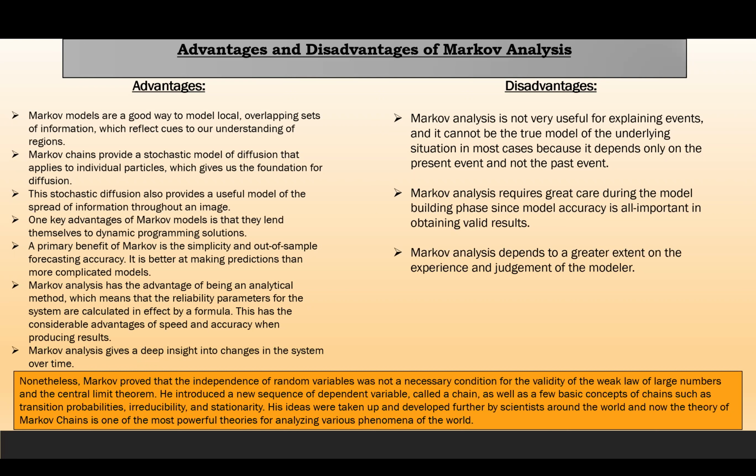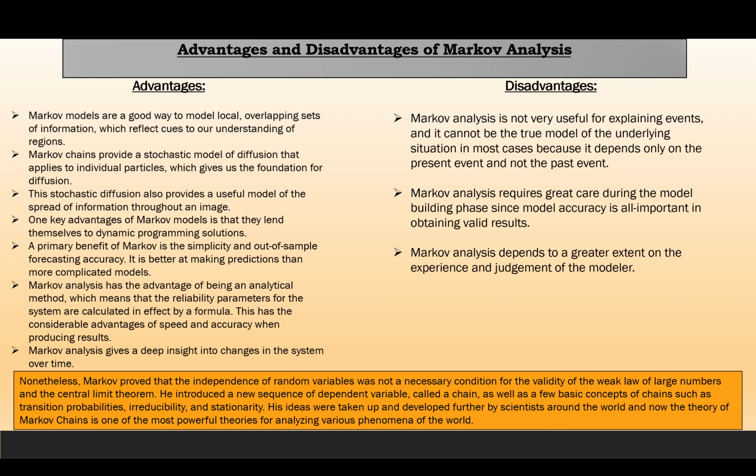However, taking both the advantages and disadvantages into consideration, Markov proved that the independence of random variables was not a necessary condition for the validity of the weak law of large numbers and the central limit theorem.